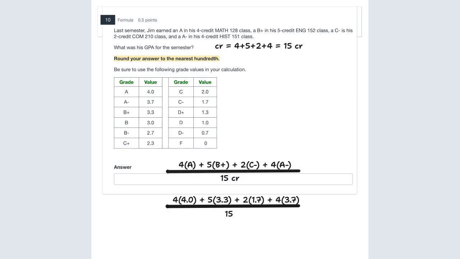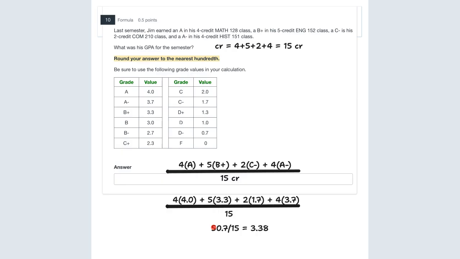So that's 50.7 divided by the 15 credits is 3.38. So this is 50.7 divided by 15 is 3.38. And again, it's a GPA.